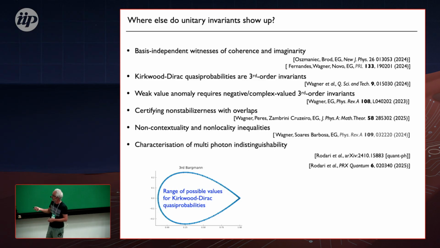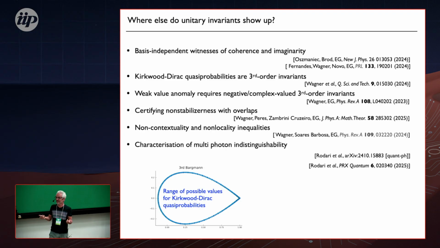We looked at weak values and how to describe them as invariants. Ways to certify non-stabilizerness using overlaps. We obtained all the contextuality inequalities of the exclusivity graph approach. They can be obtained as classicality inequalities for overlaps, looking at the overlaps of states. And this is nice because it makes a connection between these coherence witnesses, which are independent of basis, and non-contextuality inequalities.